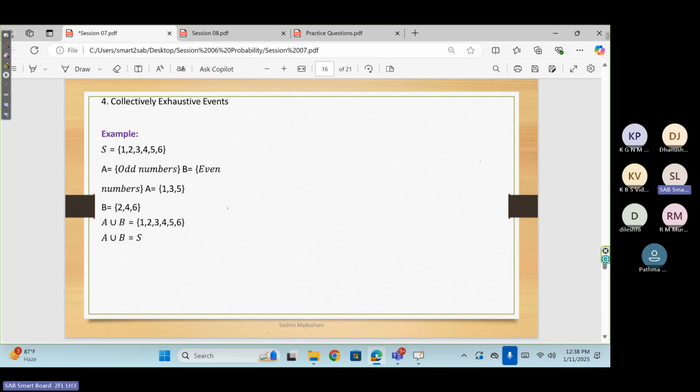The next one is collectively exhaustive events. Looking at this example, not this one, we take another example. We take getting an even number. The outcomes are 2, 4, 6.